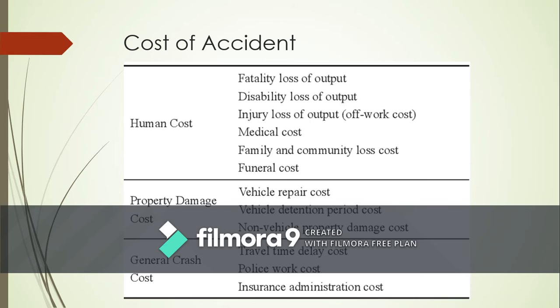Basically here we have to understand human cost. These are the 6 elements which come under human cost: fatal loss, disability loss, injury loss, medical cost, family and community loss, and sometimes funeral cost. So this is the structure for cost of accidents.